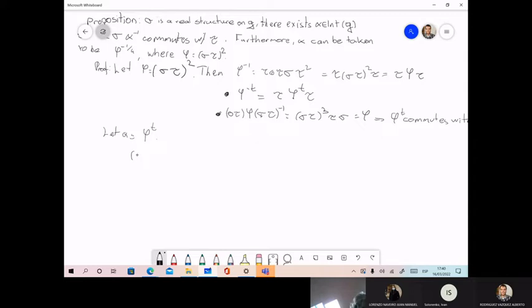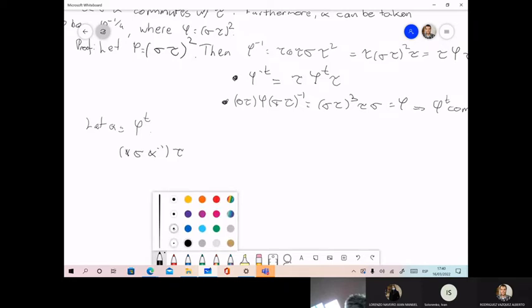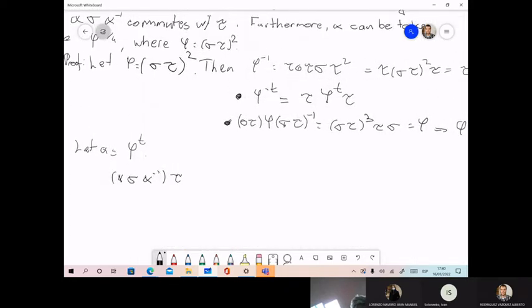So we just write it here. Alpha sigma alpha minus 1 of tau. This is just taking phi to t.